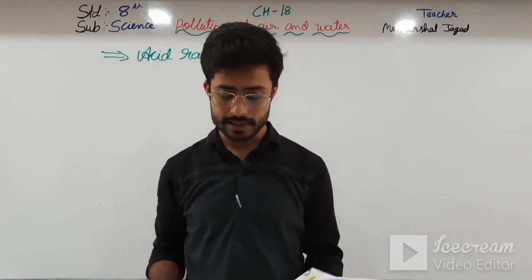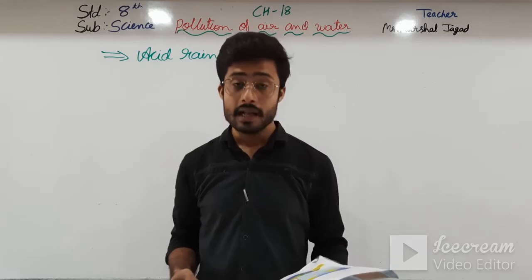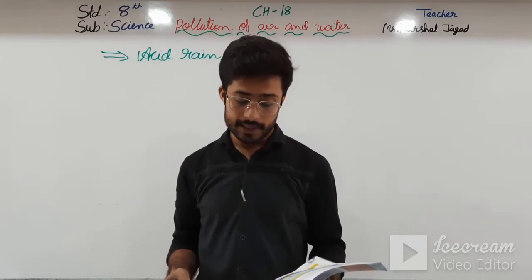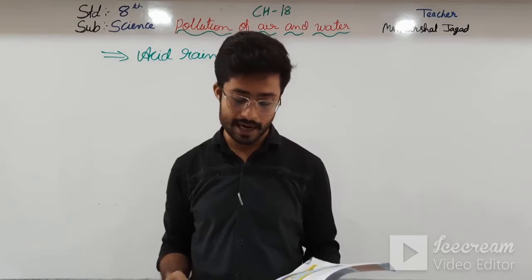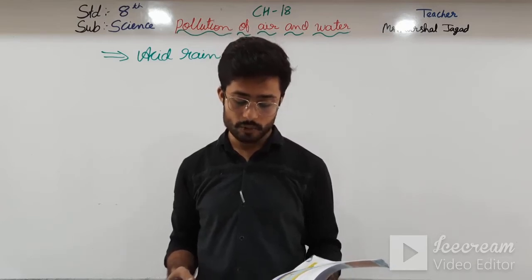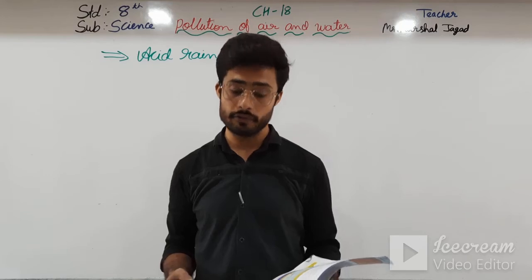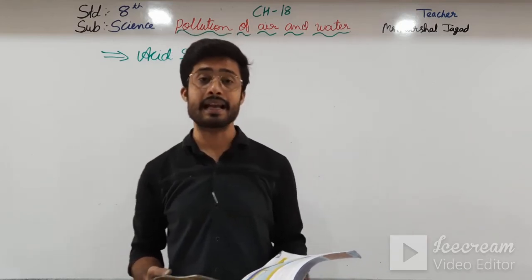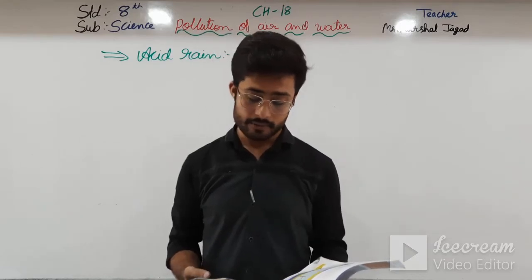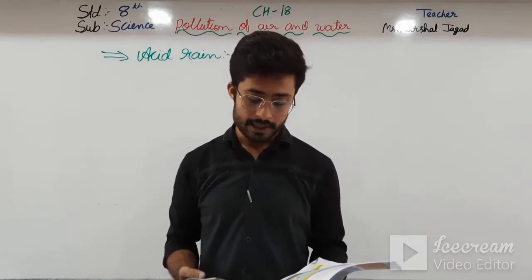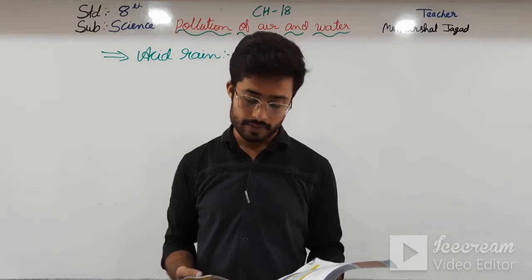Air pollutants such as oxides of sulfur and nitrogen that are released during the combustion of fossil fuels react with oxygen and moisture of the air to produce solutions of sulfuric acid and nitric acid respectively. These acids dissolve in rainwater and come down in the form of acid rain.